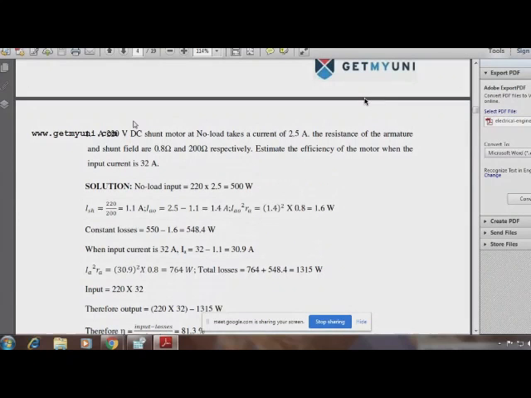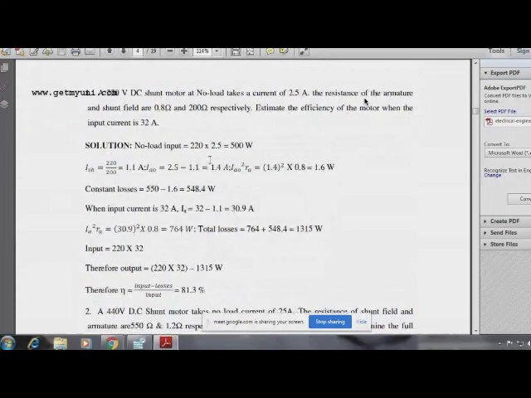A 220 volts DC shunt motor. Are you writing down? Yes, sir. Yeah, please do that.